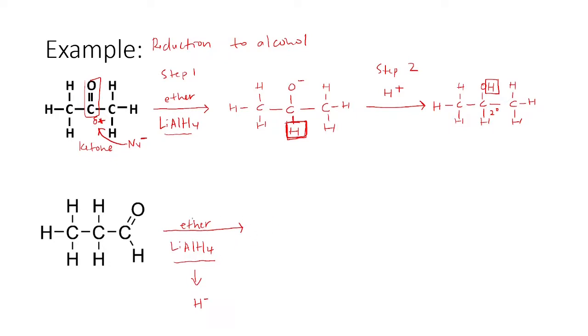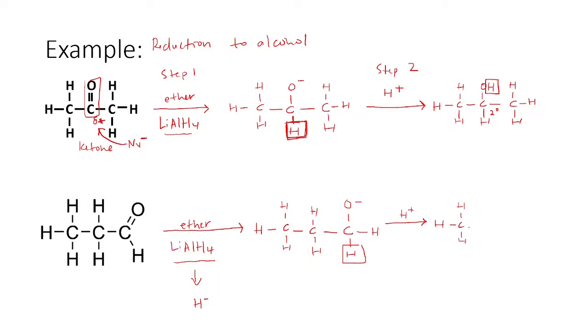Okay, so let's see what happened. So ether, lithium aluminium hydride, and you can see that it forms something like this. Okay, and then C, negative, hydrogen and hydrogen. So this is the hydrogen that is being added in step 1, and step 2 reacts with dilute acid. Draw the structure again.